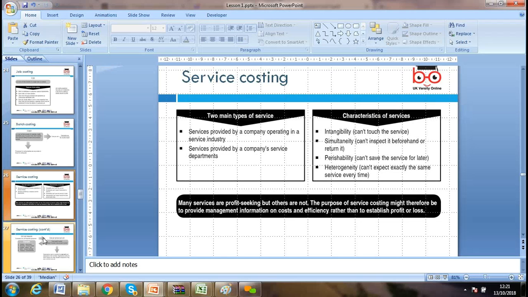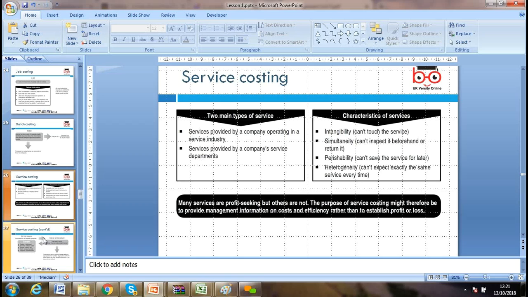So service costing. Two main types of services are provided by companies operating in industry. Services are characterized as intangible. What is meant by intangible? You can't see it, they don't have a physical substance, we can't see it, that is called intangible.